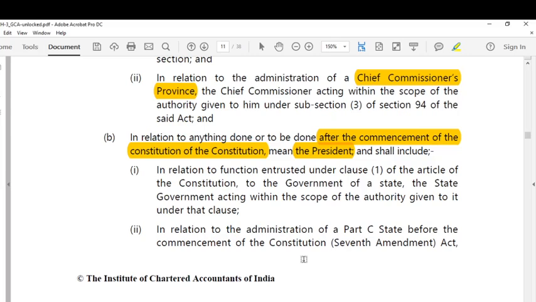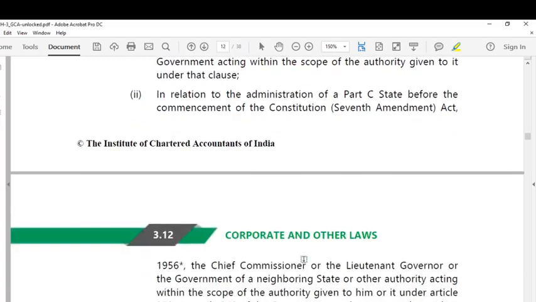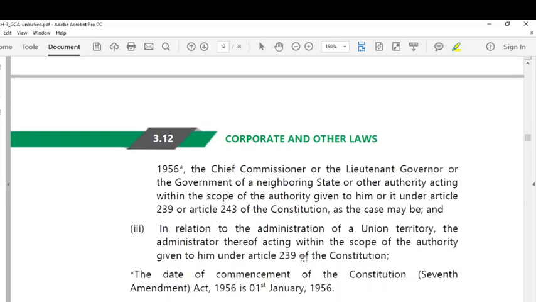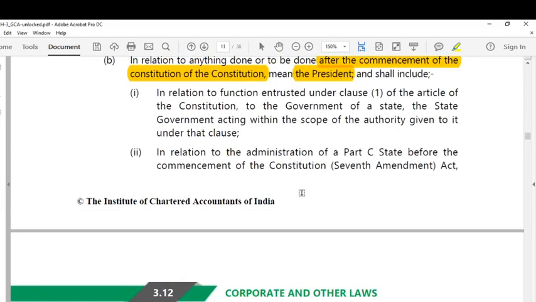In relation to the administration of a part C state before the commencement of the constitution, the commissioner or the lieutenant governor or the government of a neighboring state or authority acting within the scope of the authority given to him or it under Article 239 or 243 of the Constitution, as the case may be.